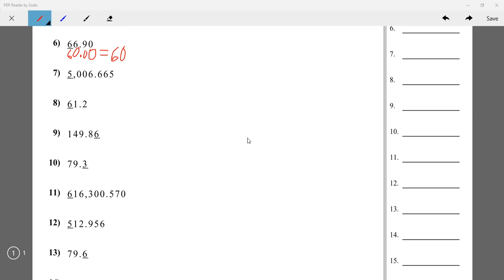It seems like an odd question to ask, and it has no real world value, I guess. But I guess they're just trying to make sure you understand how place value works. But all right, so hopefully that helped explain things.